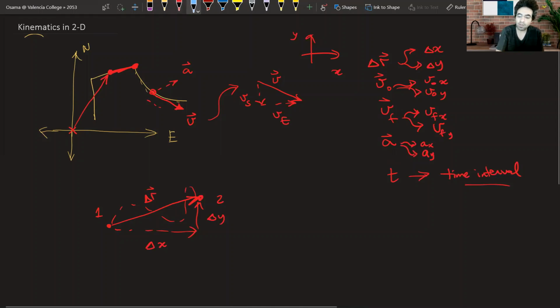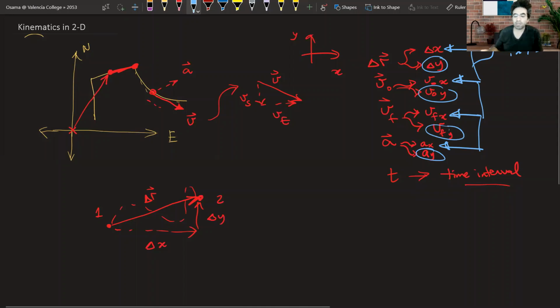Now, the interesting part in this whole section is that if you understand kinematics in 1D and you understand how to think about these components, then the x components are just motion in one dimension. That's the stuff that we've talked about before, right? And the y components also form the kinematic variables plus the time, of course.